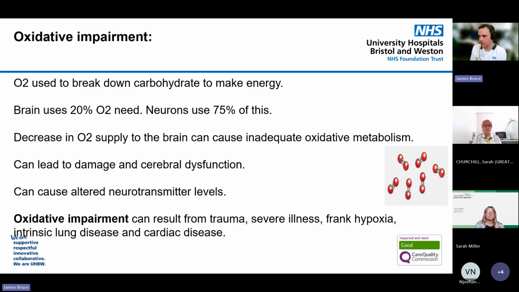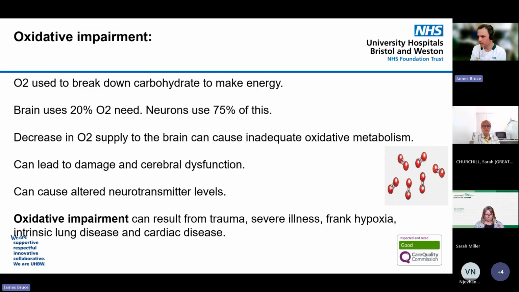If we have a decrease in oxygen supply to the brain, this can cause inadequate oxidative metabolism. This can lead to damage, and cerebral function is impaired as well. It can cause altered neurotransmitter function, so you've got more bouncers preventing neurotransmitters from crossing the synapse, and then you've got a huge impairment.